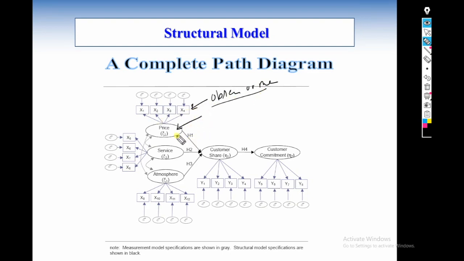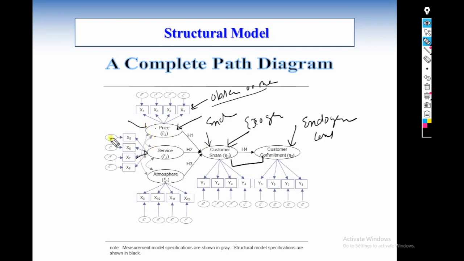Basically these are the questions. And endogenous means dependent variable. This is the endogenous variable or endogenous construct. When we find the relationship with this, then it is an exogenous construct. But when we find the relationship of price, service and atmosphere, then it becomes the endogenous construct, and these are the exogenous. Exogenous means equivalent to the independent variables.